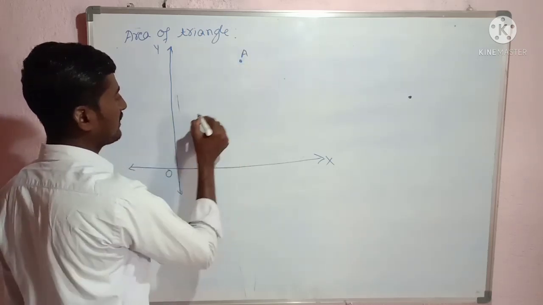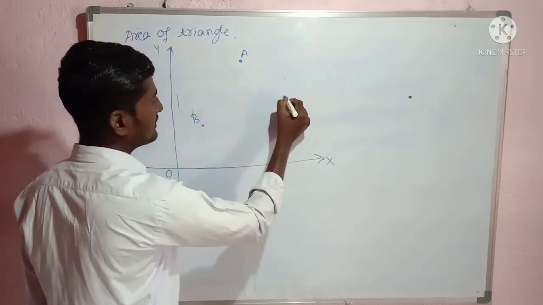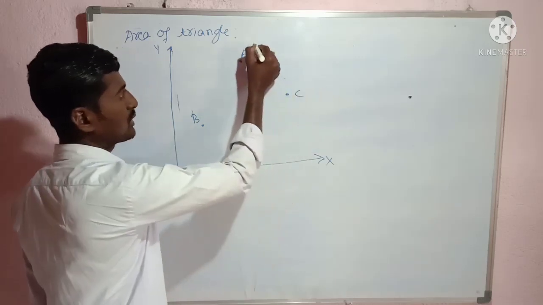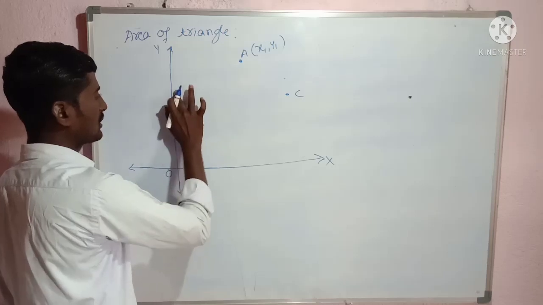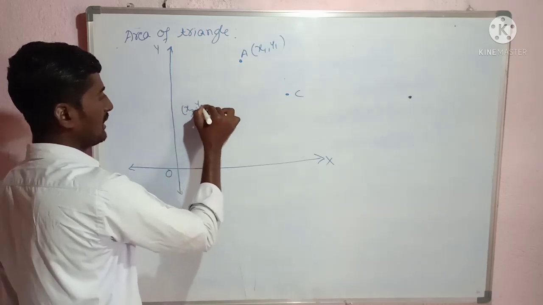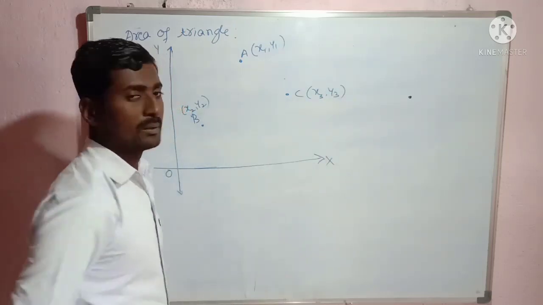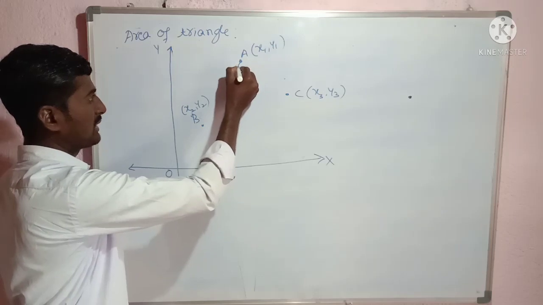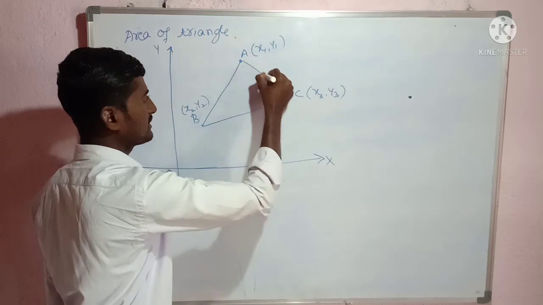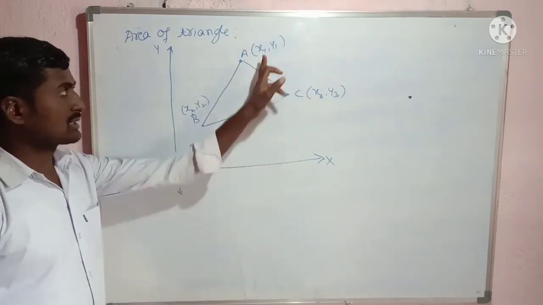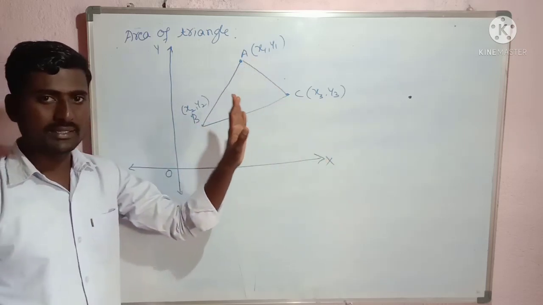This is vertex A, this is B, and one more vertex I will take here is C. The coordinates are x1, y1; x2, y2; and x3, y3. Let us join these. We will get the triangle ABC. So A x1 y1, B x2 y2, C x3 y3 are the vertices of triangle ABC.